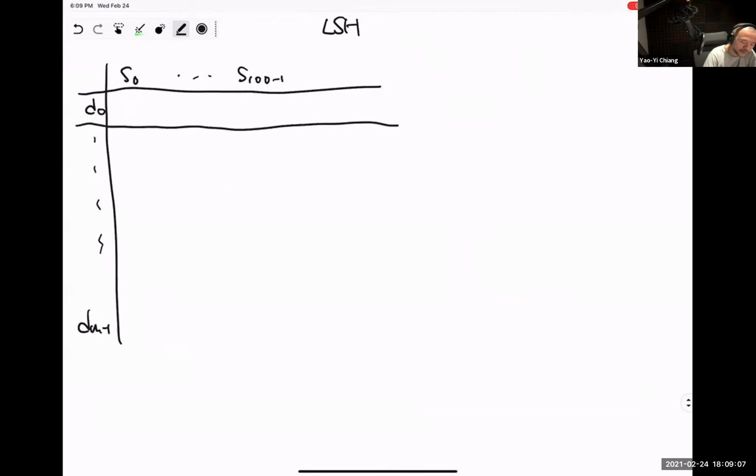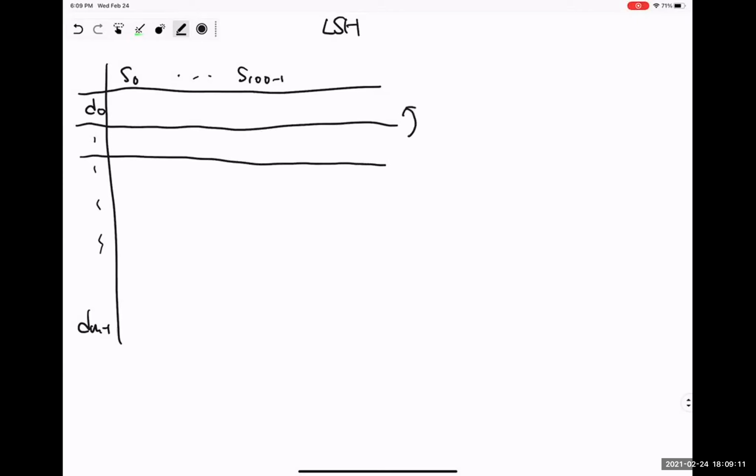So we are saying that instead of comparing these two directly, we want to take some samples from D0 and let's say D1. And if the samples tell us these two documents are highly likely to be similar, we want to compare them. So how do we do that?